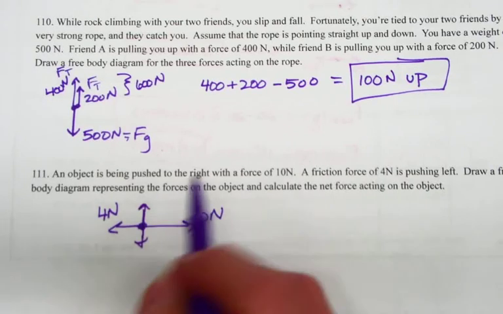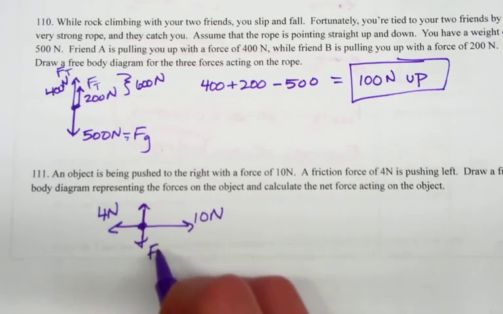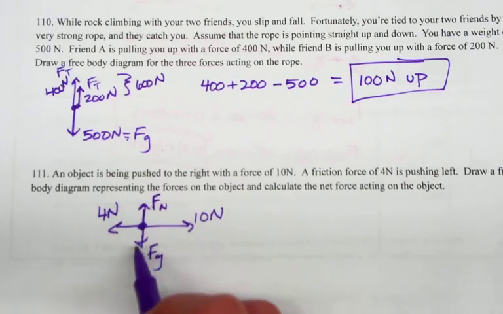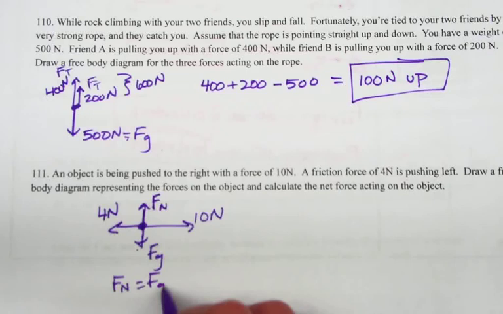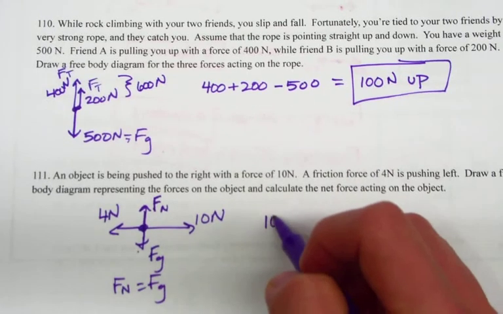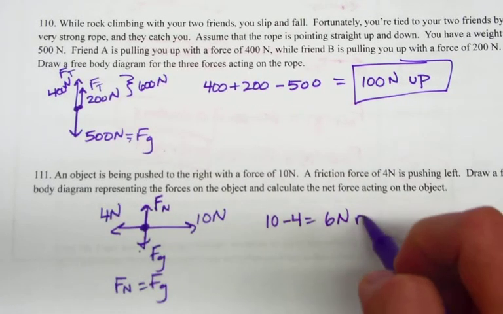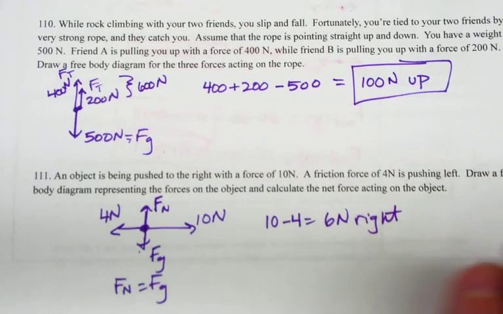So you really have a gravitational force and a normal force, and these two are equal. All right, so Fn is going to equal Fg. The other forces then are going to be 10 minus 4, which is 6 newtons, and it's going to be to the right.